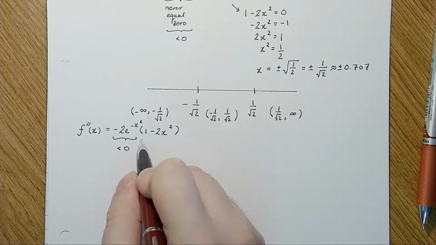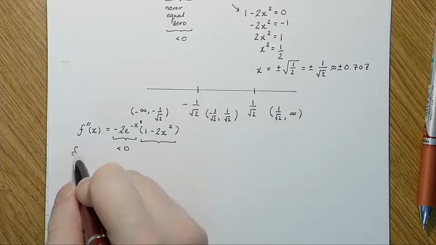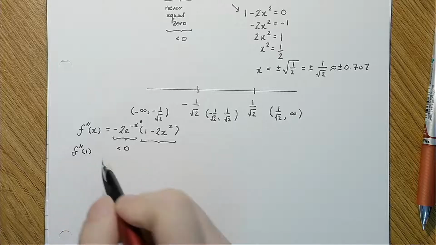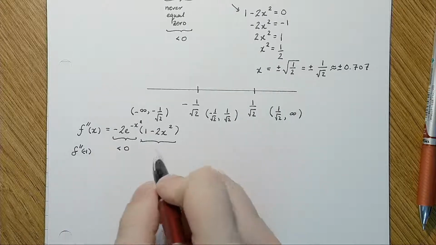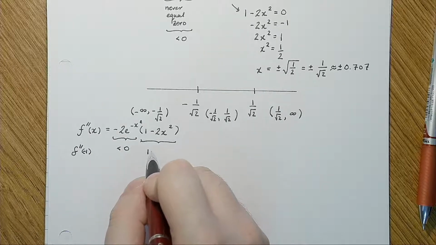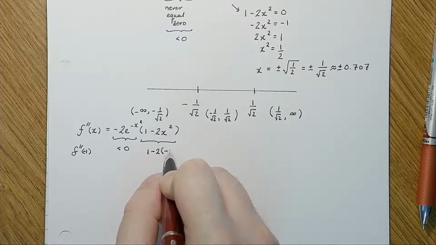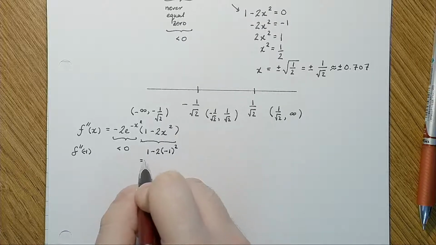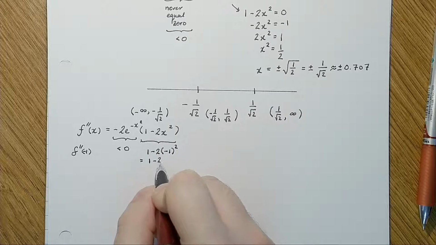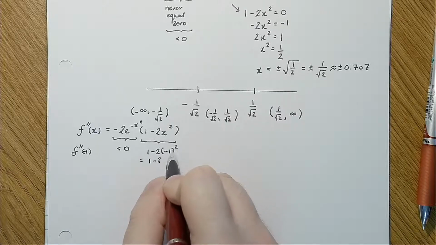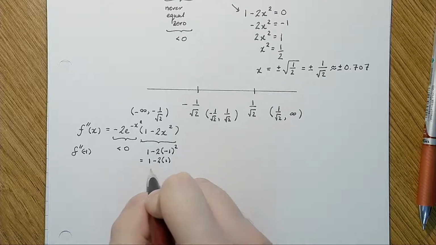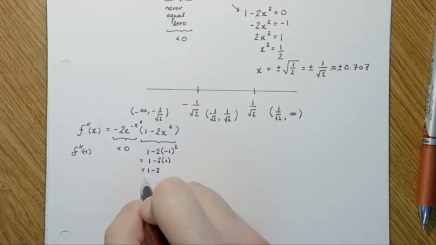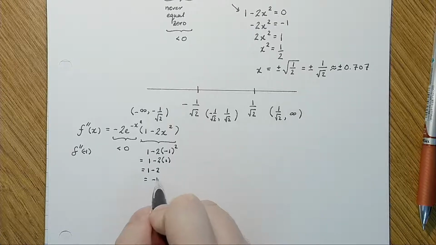And over here, if I had something like -1, that means it's 1 minus 2 times minus 1 squared. So 2 times, and that still will be positive. 1 minus 2 is minus 1, which is also less than 0.